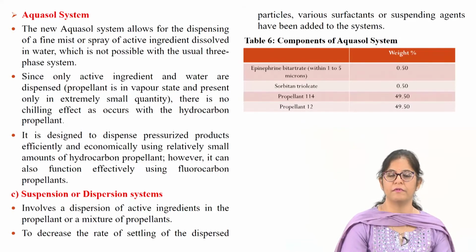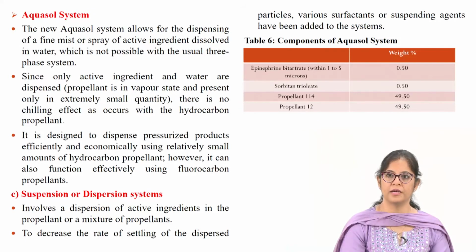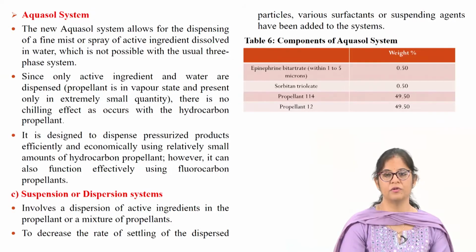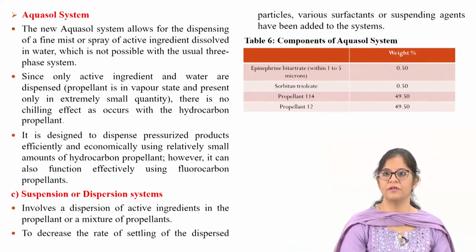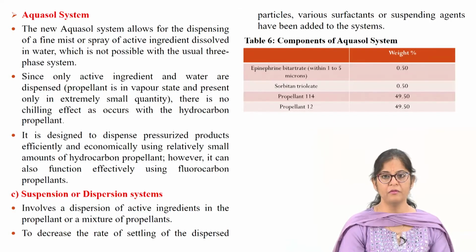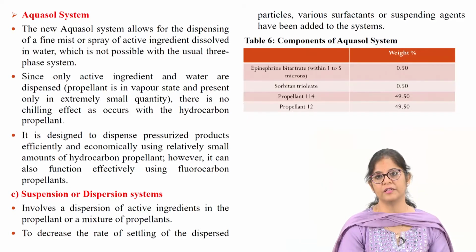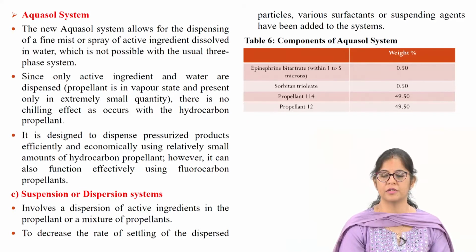Since only active ingredient and water are dispensed, propellant is in the vapor phase and present only in extremely small quantity. There is no chilling effect as occurs with other hydrocarbon propellants. It is designed to dispense pressurized products efficiently, economically, using relatively small amounts of hydrocarbon propellant. However, it can also function effectively using fluorocarbon propellants.